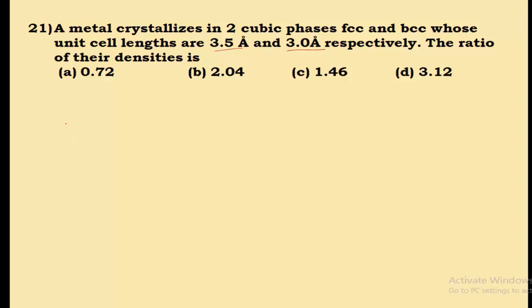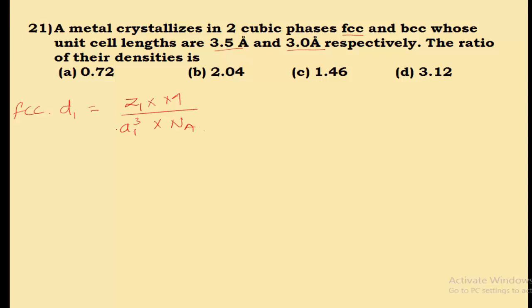Now what we have to do? First, write down the density of the first phase, FCC. If a metal crystallizes in FCC, then how can we represent the density? Call it D1. For FCC, D1 is equal to Z1 into M divided by A1 cube into NA.